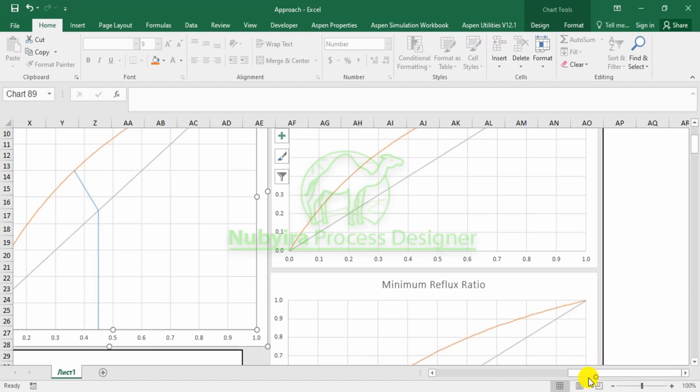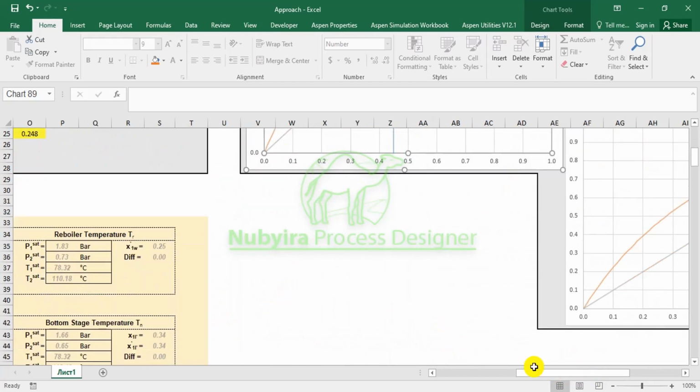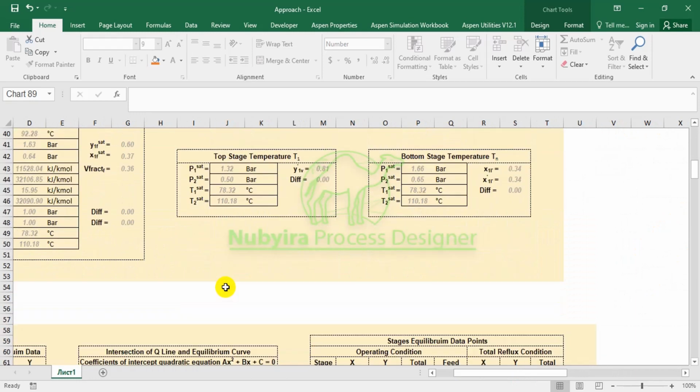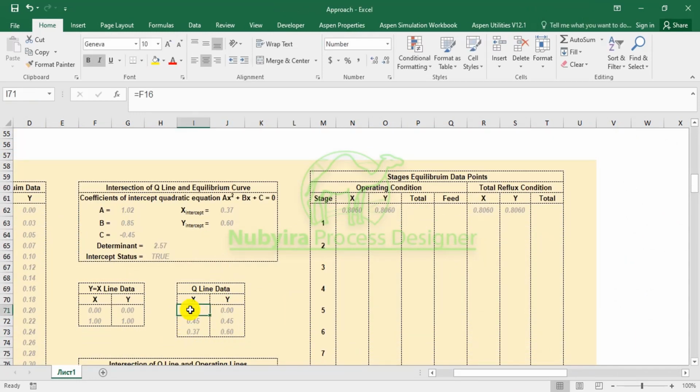I started it from the bottom here so that it will be explanatory. We have the mole fraction starting point at 0.45, that is from the feed, the mole fraction in the feed. Then y is going to be from 0, so the point will start from the bottom of the plot, from the x axis.